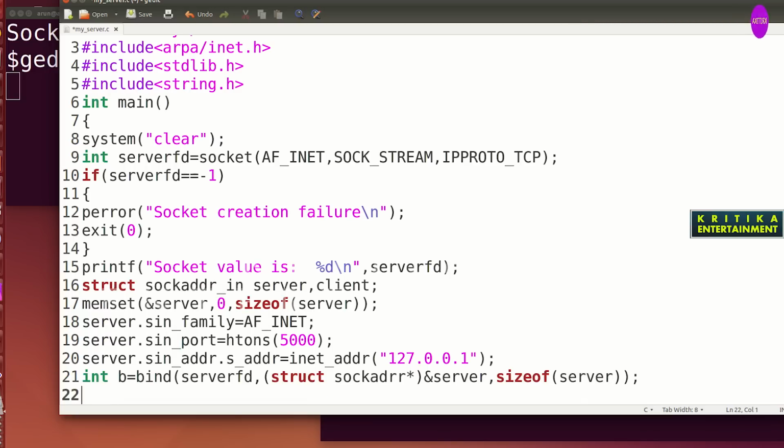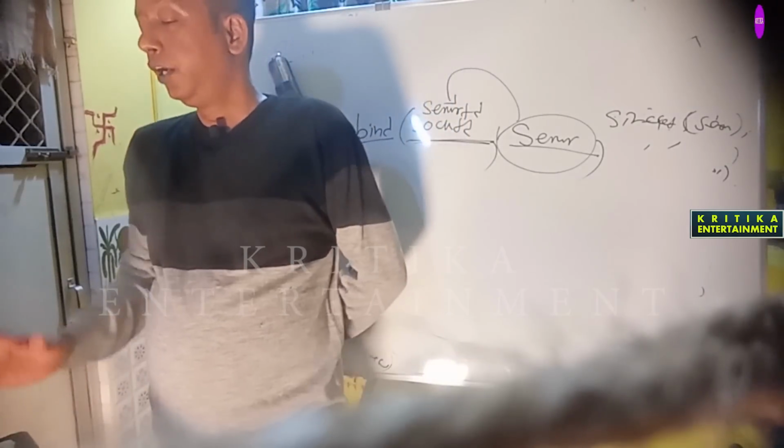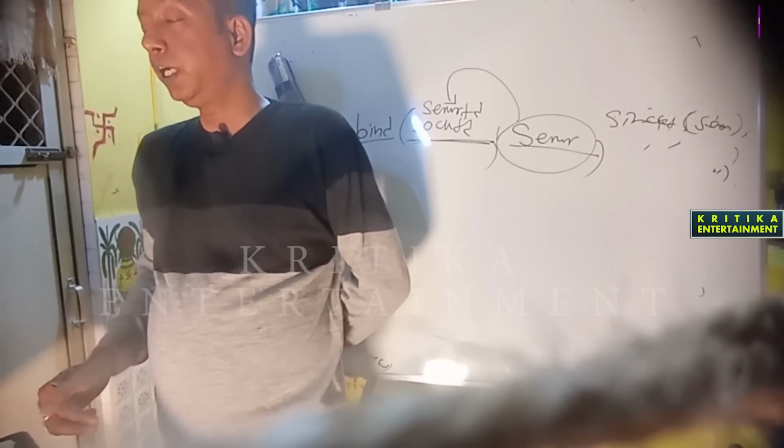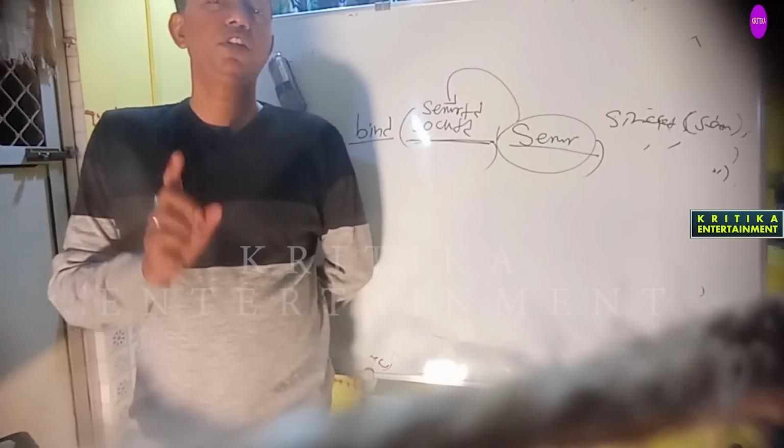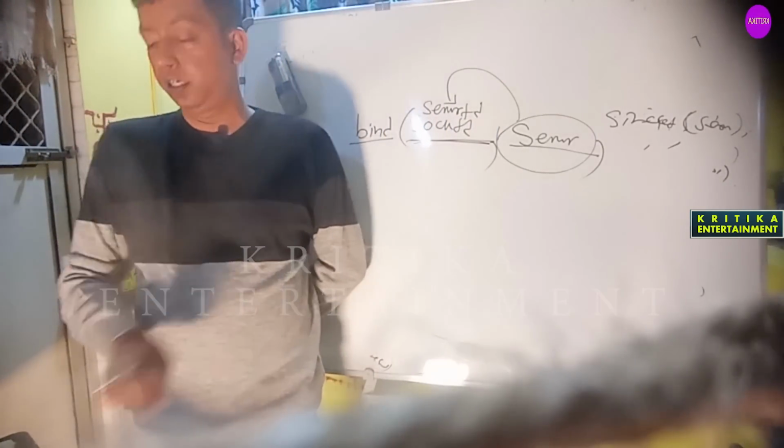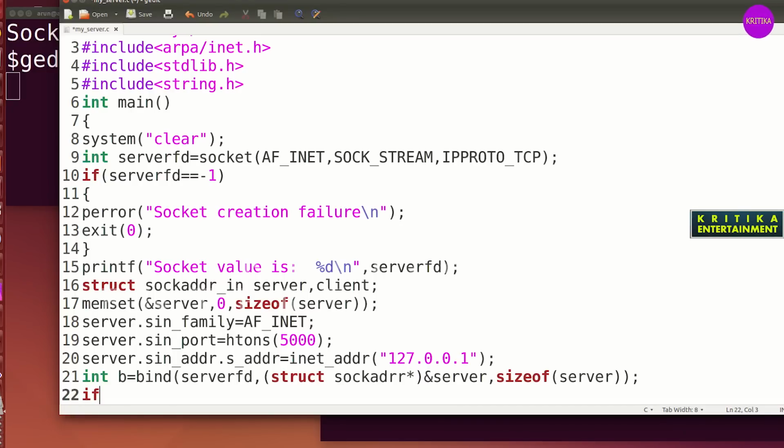Then remember again I will check whether your bind function returns successfully or it returns -1. -1 means the bind function contains an error. So here I will trap the error.